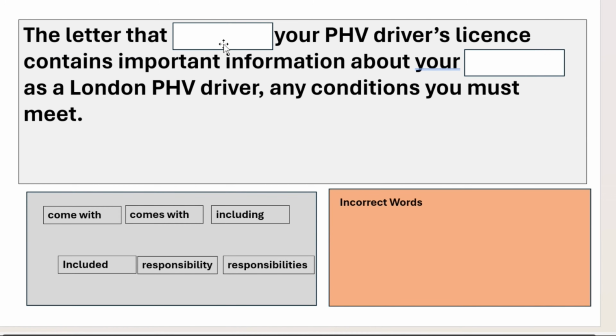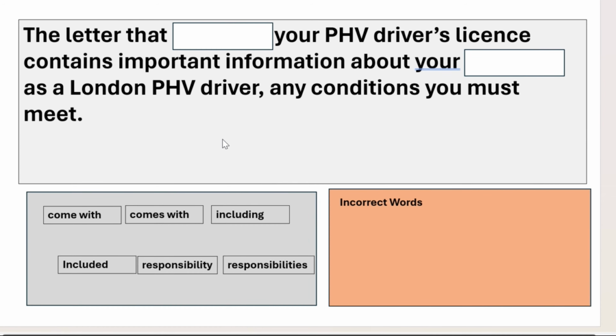The letter that gap your PHV driver's license contains important information. If we use common sense, we can easily find the answer, because if we put included or including here, it's the letter that including your PHV license contains. No, it doesn't make any sense. Even responsibility doesn't make any sense.